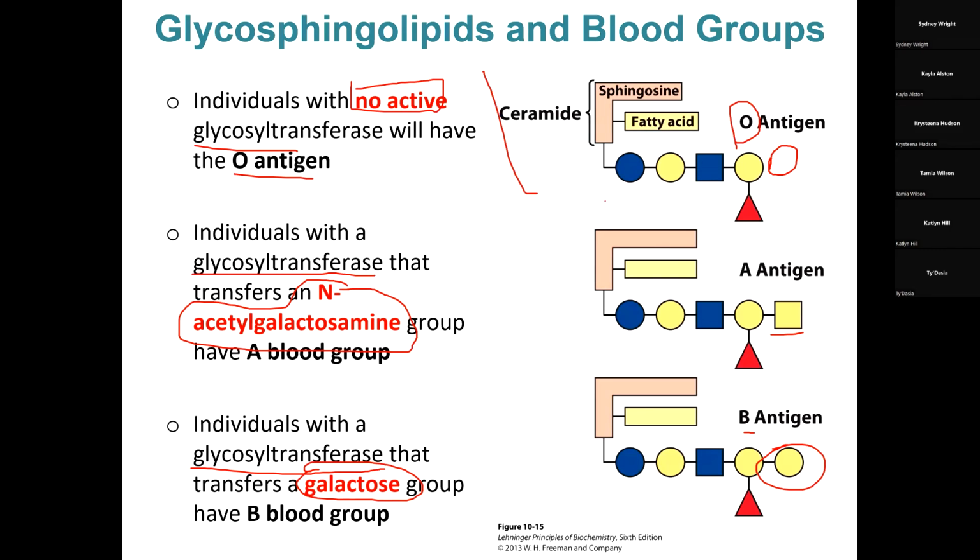The people with O actually are slightly more likely to get a small number of diseases, but you're slightly more resistant to the Black Death, which means that very few people in general have O blood type, except in Europe, where the Black Death was very, very common, so you're more likely to survive.